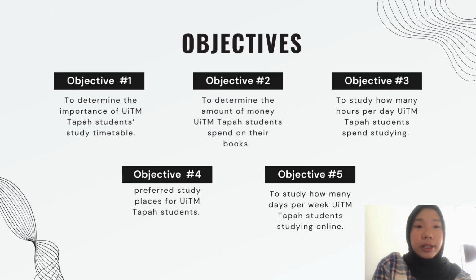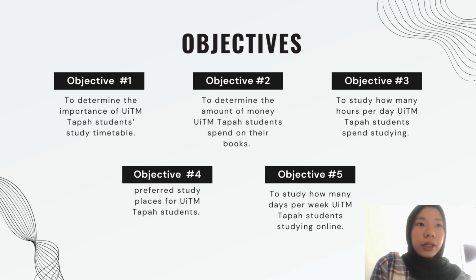So right here are our 5 objectives for our research, which is to determine the importance of UiTM Tapah students' study timetable, to determine the amount of money UiTM Tapah students spend on their books.